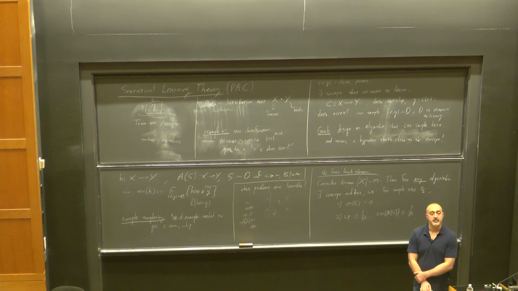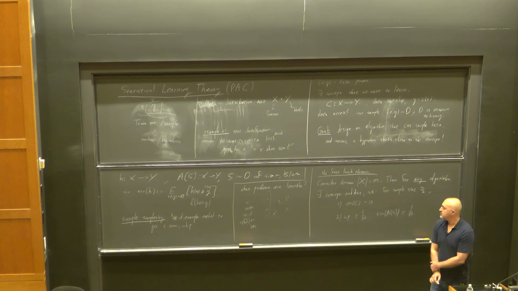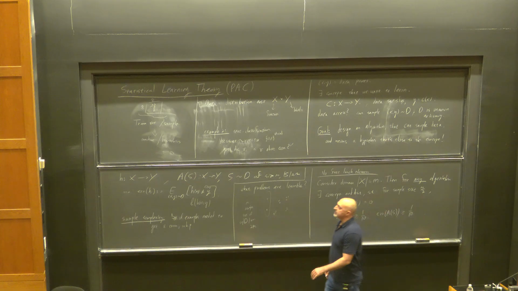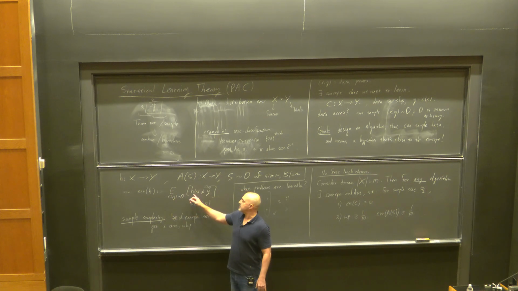What do you mean by error on C? The error of any hypothesis is defined like this: I sample points from the distribution, and I measure the probability that the hypothesis is different from the label. And C is equal to C by definition, so this is 0.